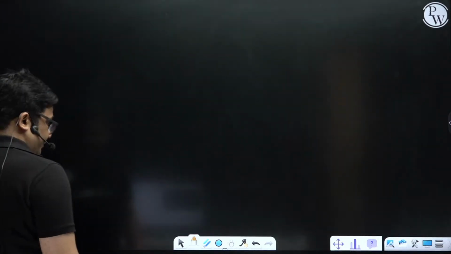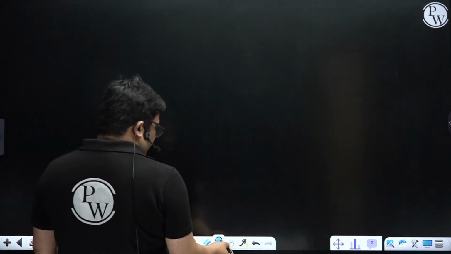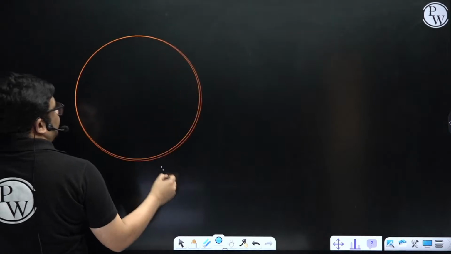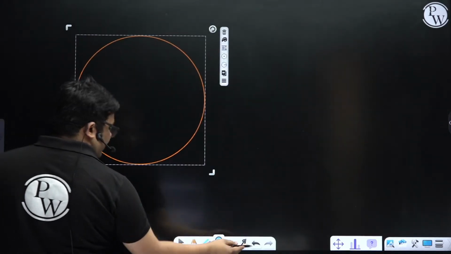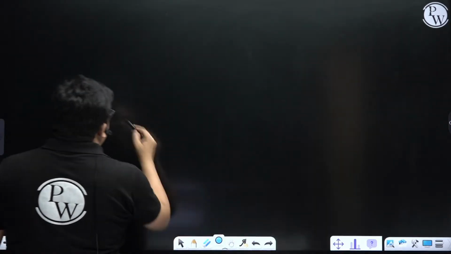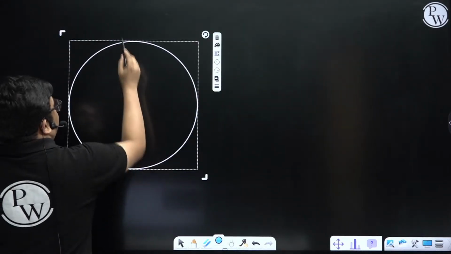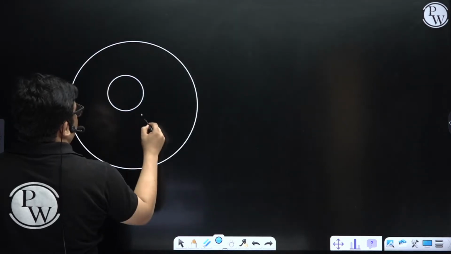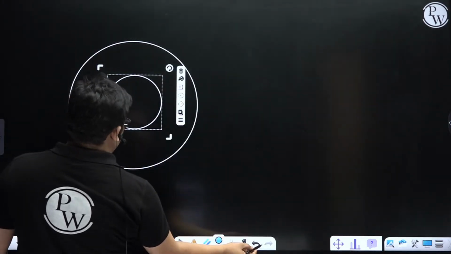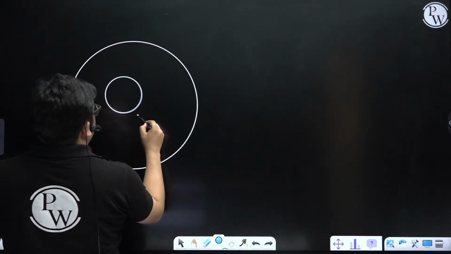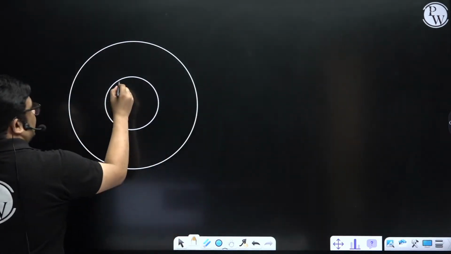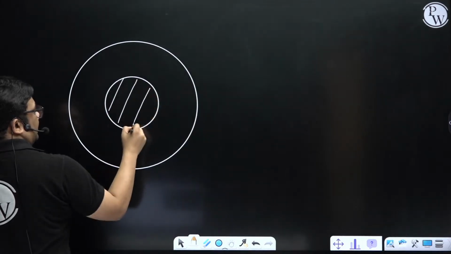Now, if we take a hollow circular section, hollow circular section means nothing is there inside, hollow.